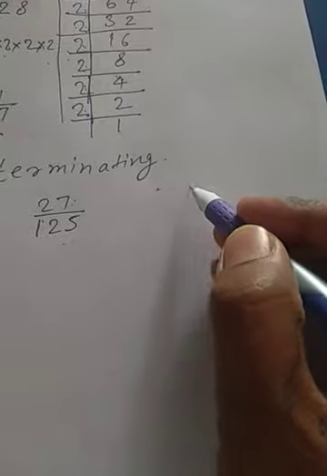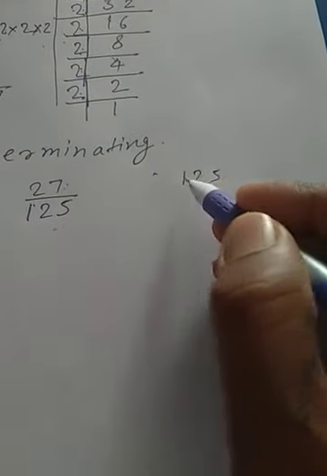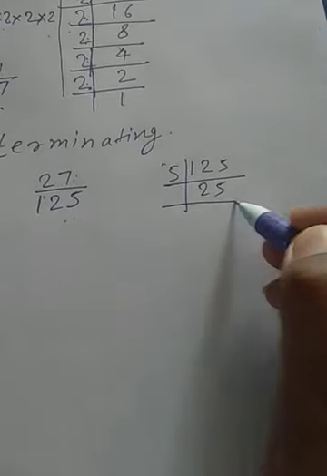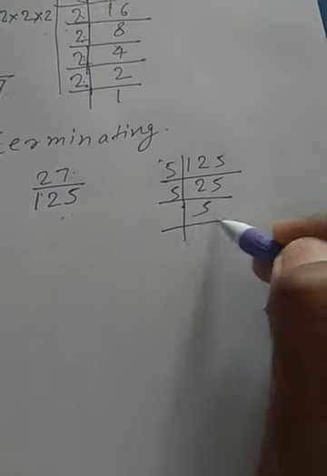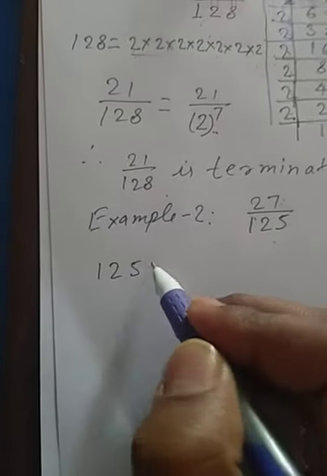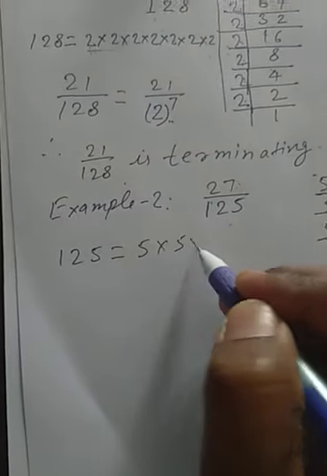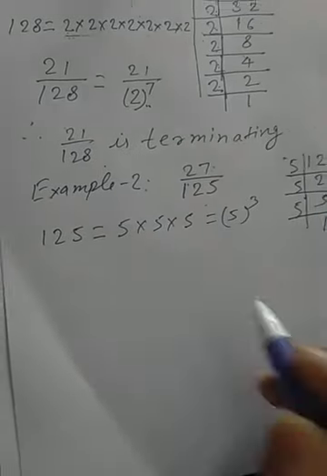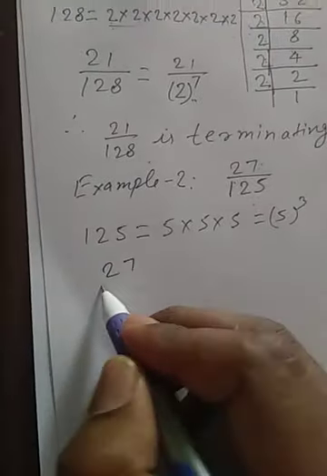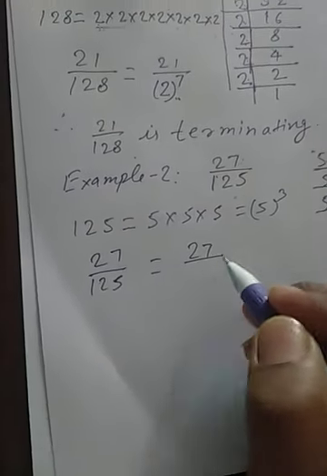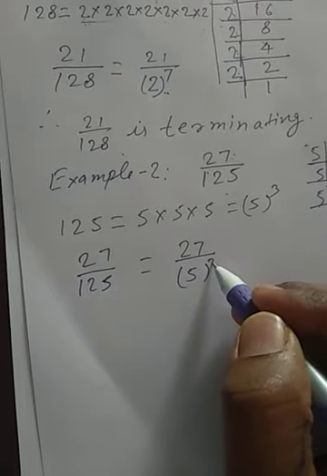In the prime factorization of 125, 5 twenty-fives are 125, 5 fives are 25, 5 ones are 5. So 125 can be written as 5 into 5 into 5, that is 5 to the power 3. It means 27 by 125 can be written as 27 by 5 to the power 3.